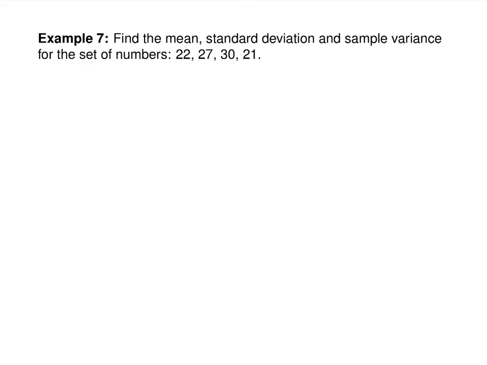Okay, so let's actually do that for a small set of numbers. So first find the mean. X bar is 22 plus 27 plus 30 plus 21 over 4, and that works out to be 25. And I'm going to combine a lot of those steps into one because I think that it's actually easier. So first the variance, because we find that before we square root. That's s squared.